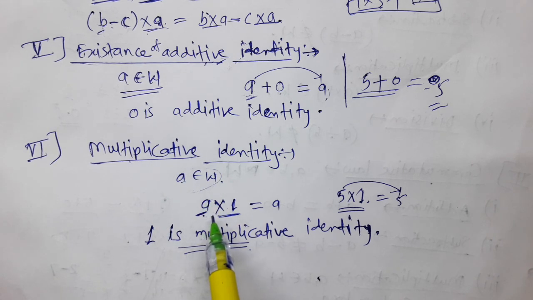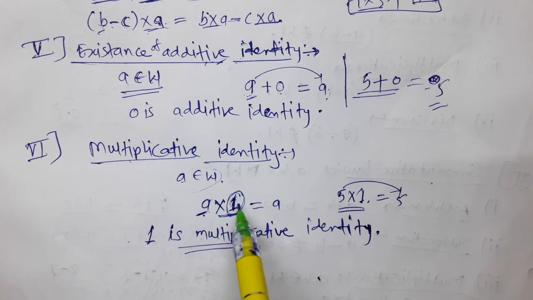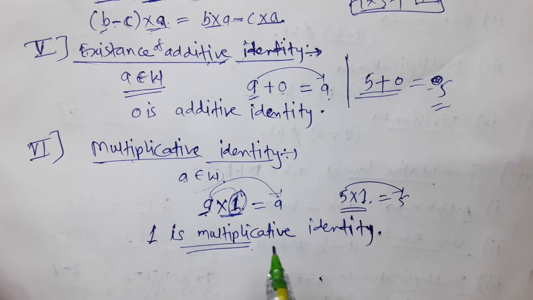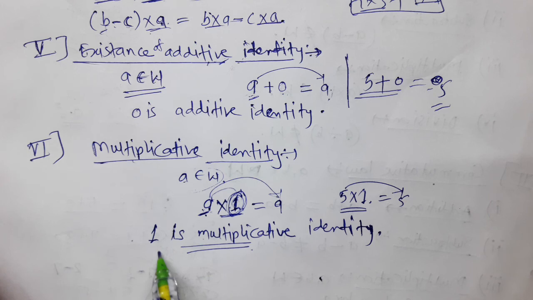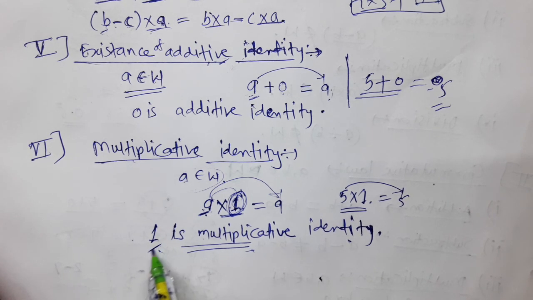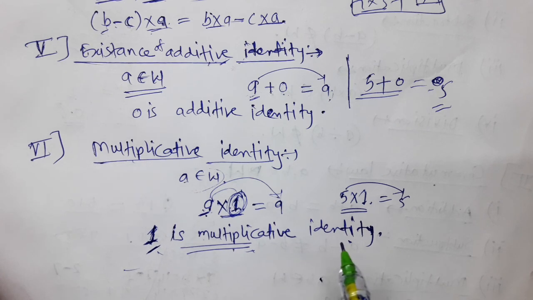If we multiply A with 1, not any number, it is a fixed number 1, we will get that number itself as the result. So A into 1 will be A. So 1 is the multiplicative identity, because after multiplying any number with 1, 1 does not change the identity of that element. So 1 is the multiplicative identity.